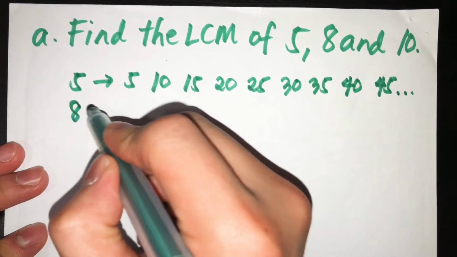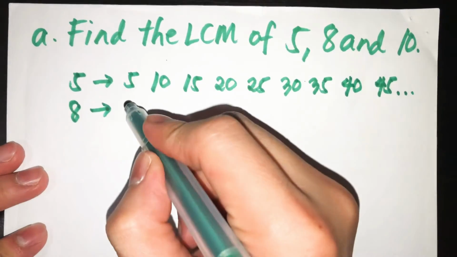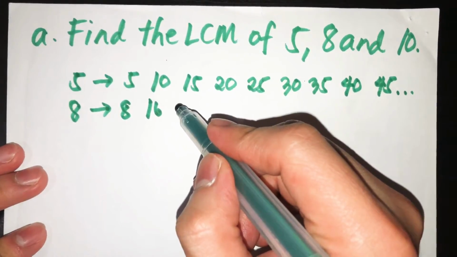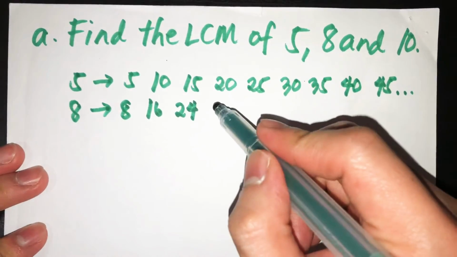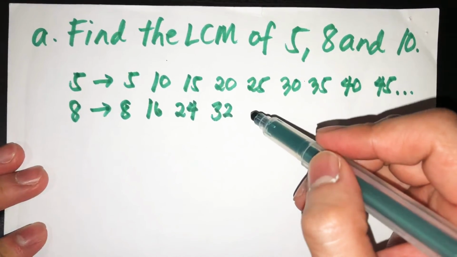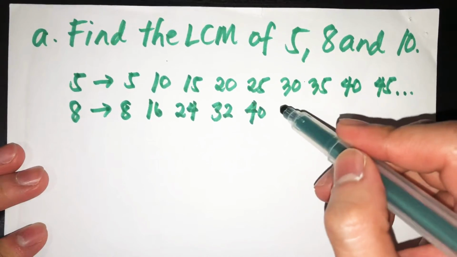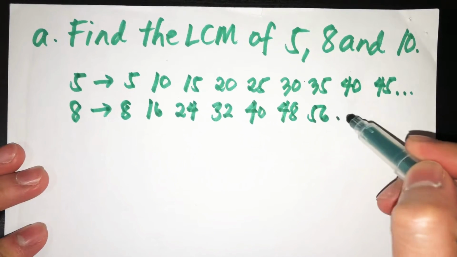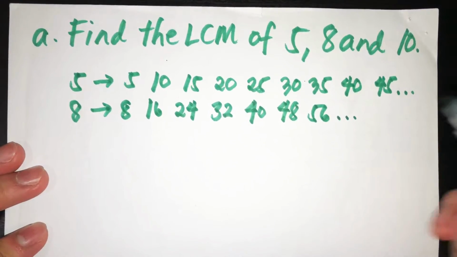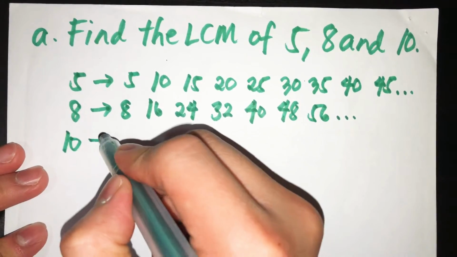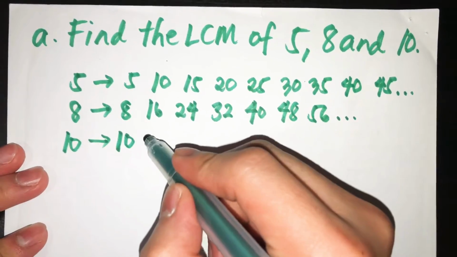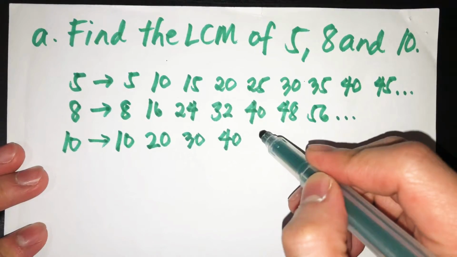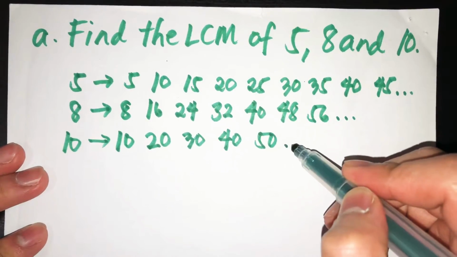For 8, we have 8, 16, 24, 32, 40, 48, 56, and so on. Then for 10, we have 10, 20, 30, 40, 50, and so on.